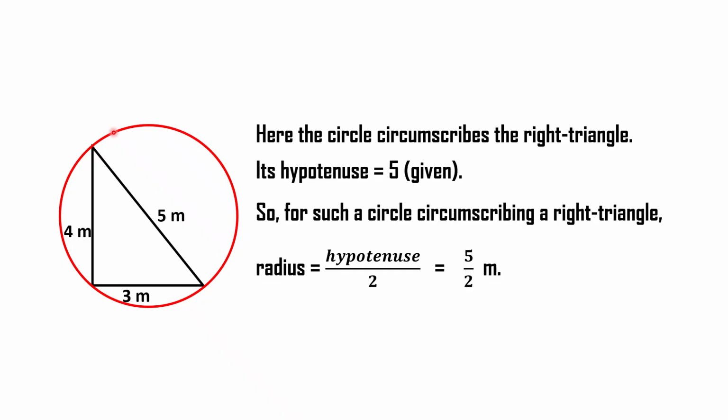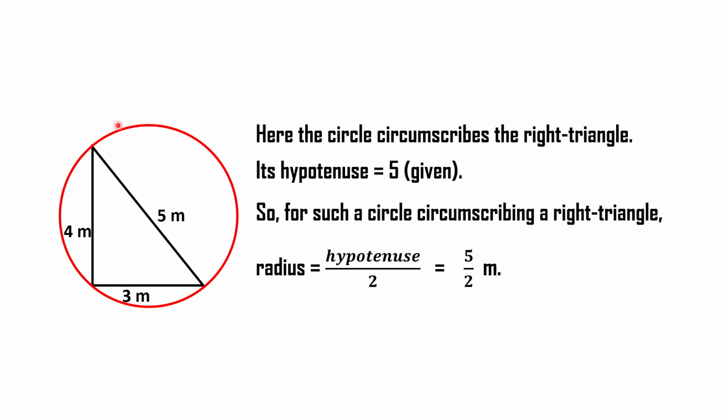Here we have a circle which circumscribes, that means the circle is outside. When the circle circumscribes a right angle triangle, the hypotenuse will be the diameter.